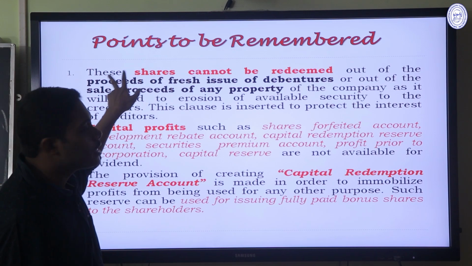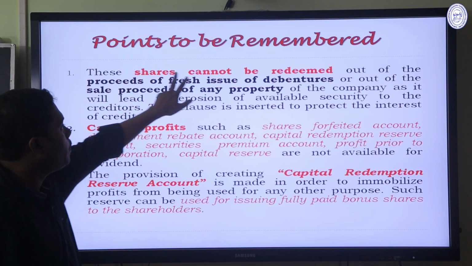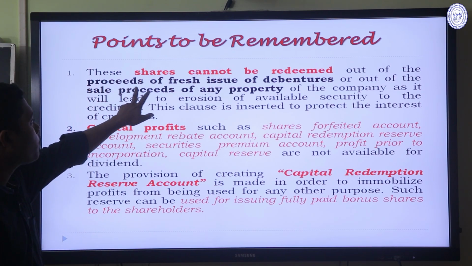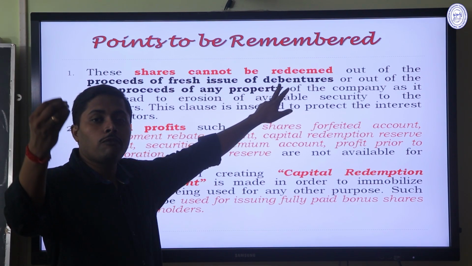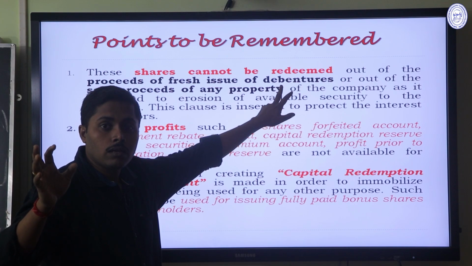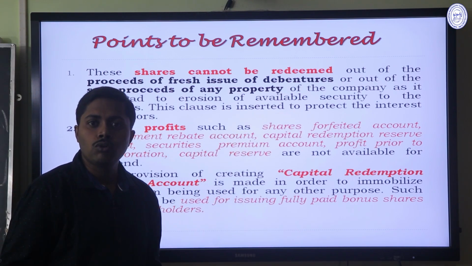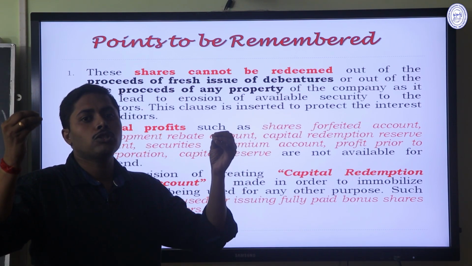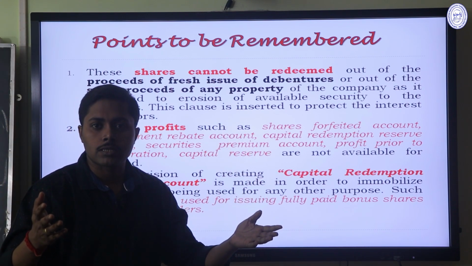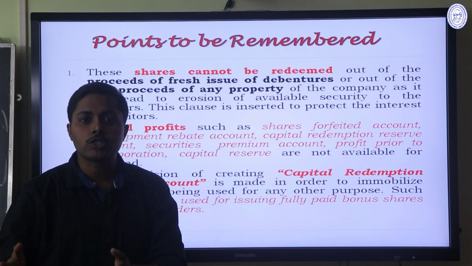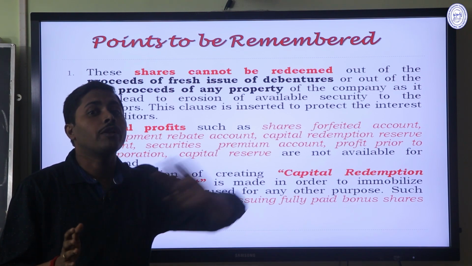These shares, these means preference shares, cannot be redeemed out of the proceeds of a fresh issue of debentures or out of a bank loan. The company can issue debentures, the company can raise a bank loan. This is just for liquidity purposes. Out of those proceeds, the company cannot redeem preference shares.